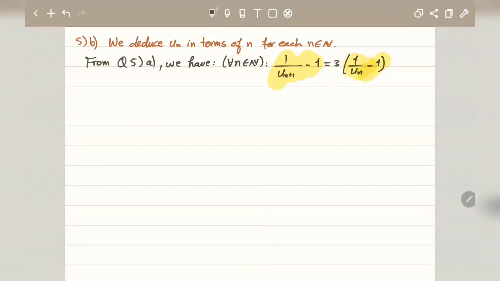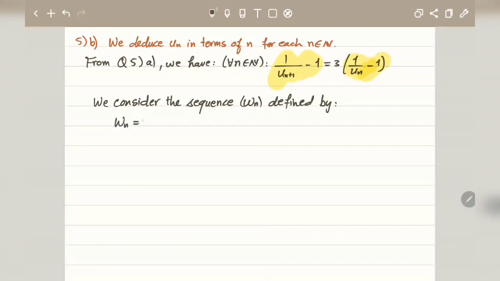So here we consider a new sequence, the sequence wn defined by wn equals 1 over un minus 1 for each n belongs to N. And then we get that wn plus 1 equals 1 over un plus 1 minus 1.